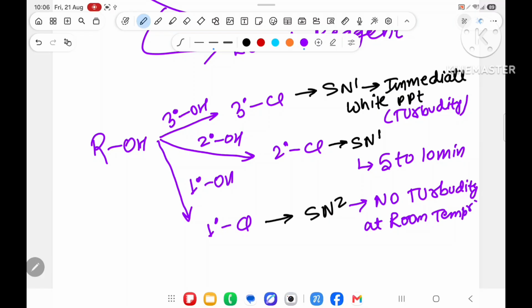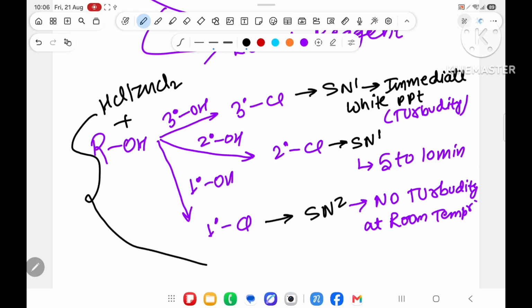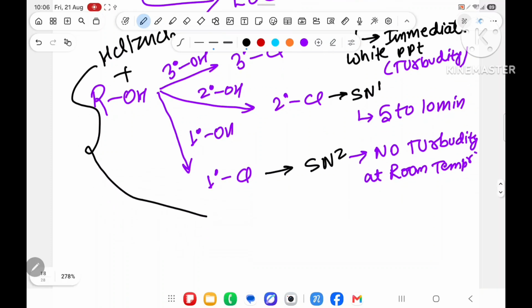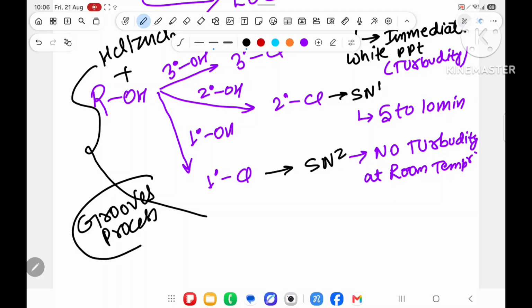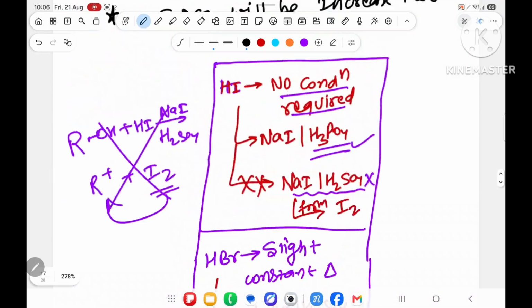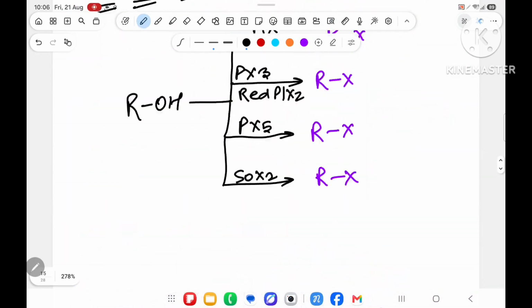Understood? Lucas reagent. And this whole process of HCl in presence of ZnCl2 plus alcohol is known as Groove's process.